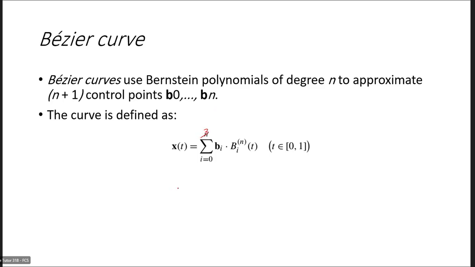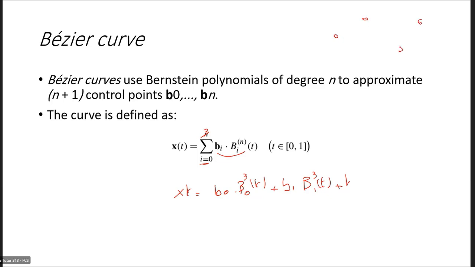So x of t will be the summation for i equals 0 to 3 of bi multiplied by Bi,3 of t. That equals b0 multiplied by B0,3 of t plus b1 multiplied by B1,3 of t plus, and since we have a cubic curve, we need 4 points.